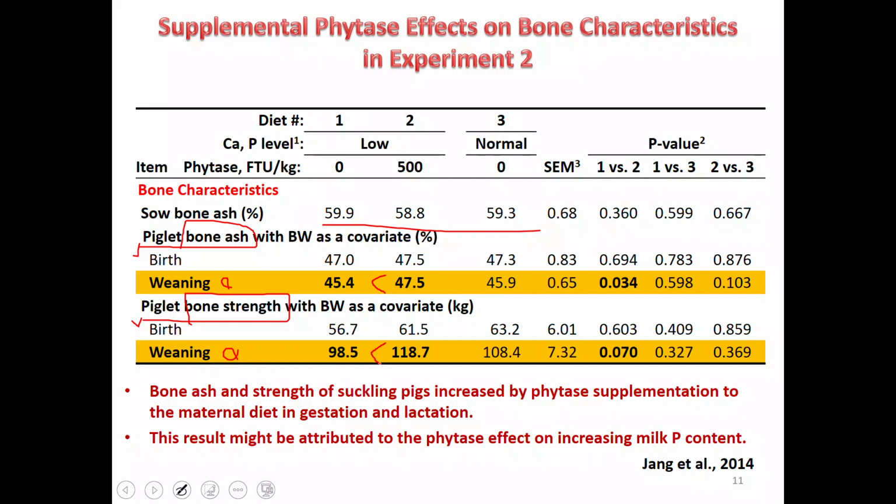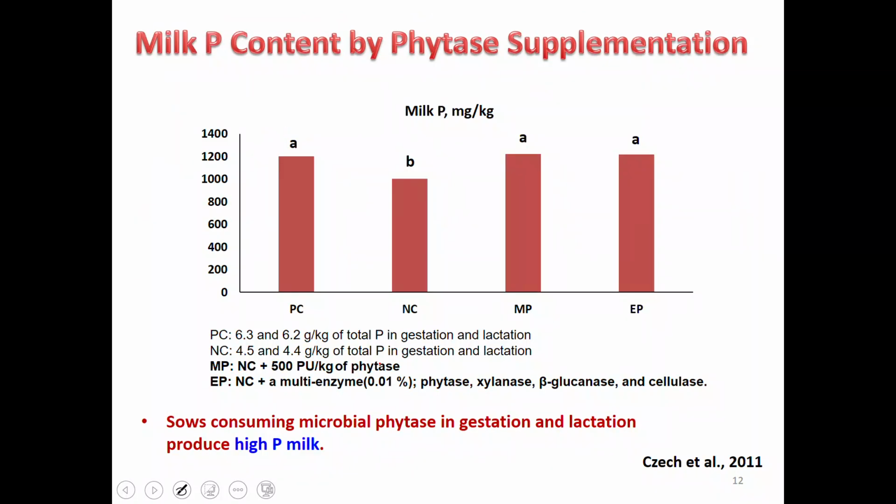And this result might be attributed to phytase effect on increasing milk phosphorus content. Unfortunately, we did not measure milk phosphorus content because we did not collect milk samples. But in a previous study in 2011, they used 500 FTU, okay, phytase in this MP and EP treatment, with other enzymes in EP treatment.